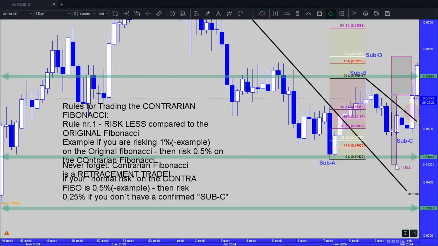Now, if I put my stop loss below the sub-A, does this trade make sense risk-reward ratio wise?